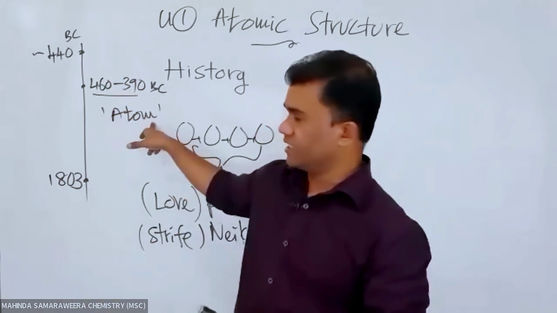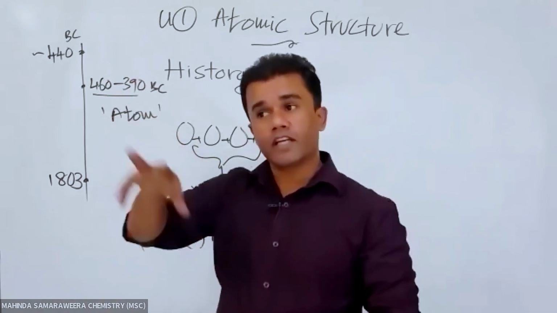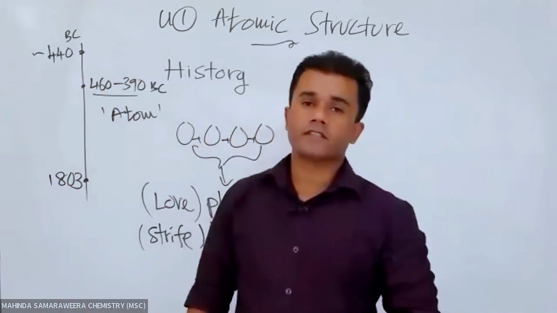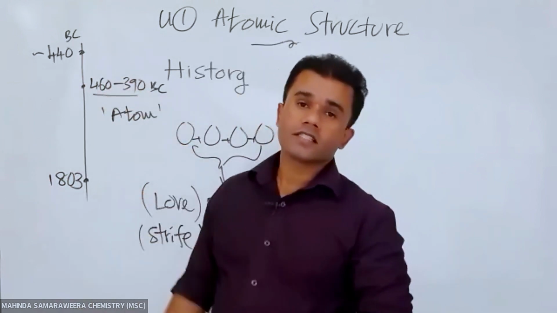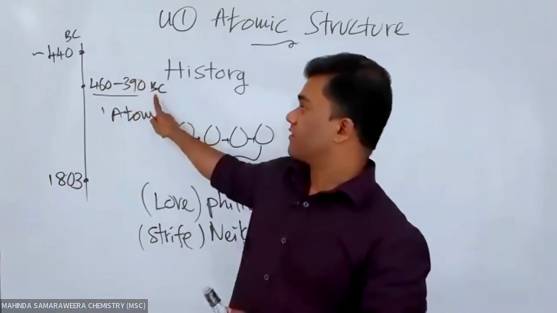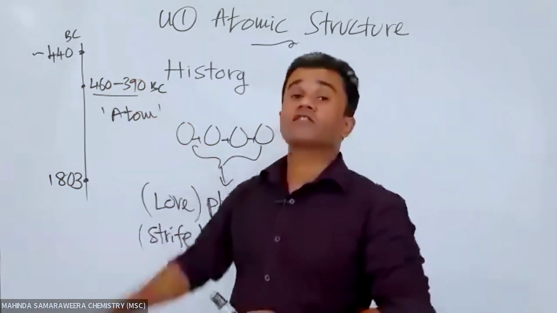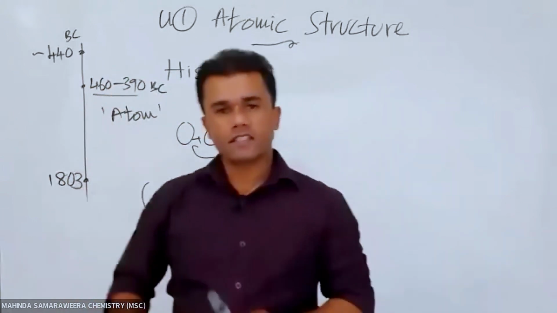The correct idea was hidden, and the Plato and Aristotle idea was believed. It remained so nearly 2,000 years until 1803, when John Dalton proved Democritus's idea correct experimentally. Until then, the lie just remained.